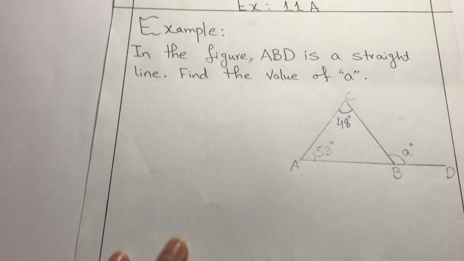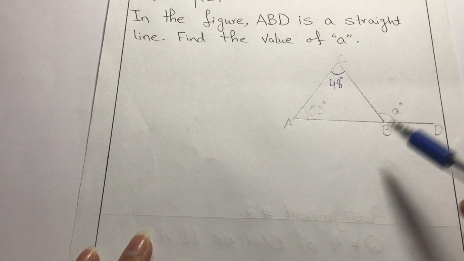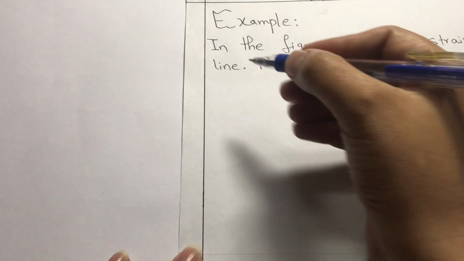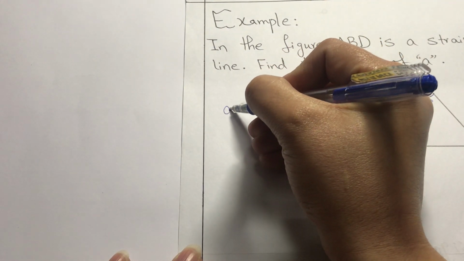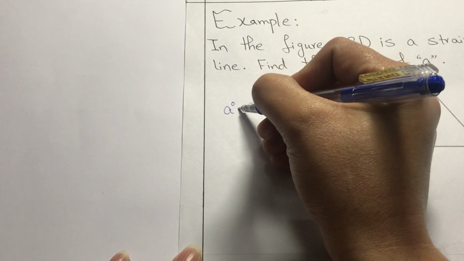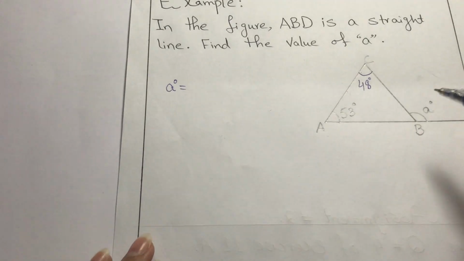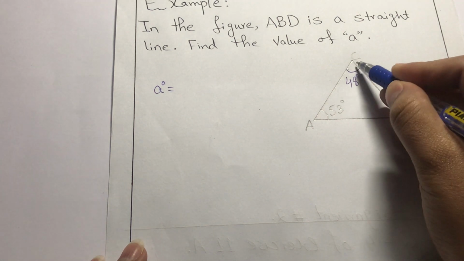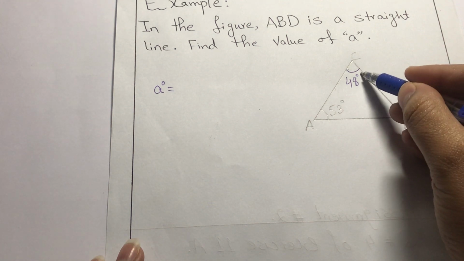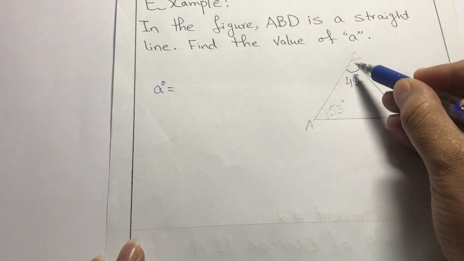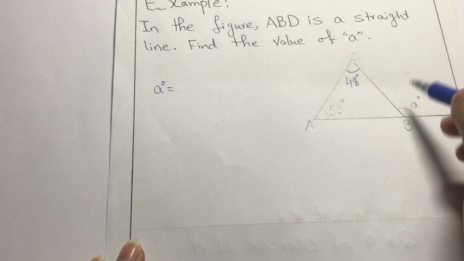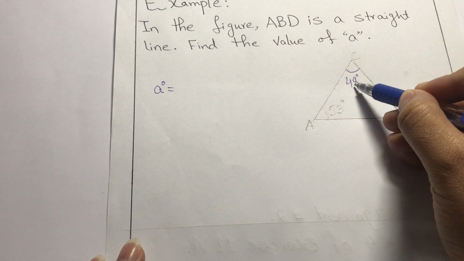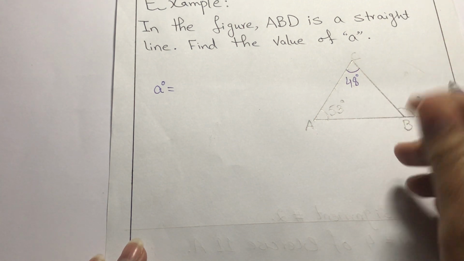53 and 48 degrees. Now the property says your exterior angle. What's your exterior angle? It's A degrees. Your exterior angle is equal to A degrees. It would be equal to, now you can see A degrees is marked with the side BC. So what would be the opposite side of BC? Yes, it's AC, right? So opposite interior angles of A degrees would be 53 degrees and 48 degrees, right?